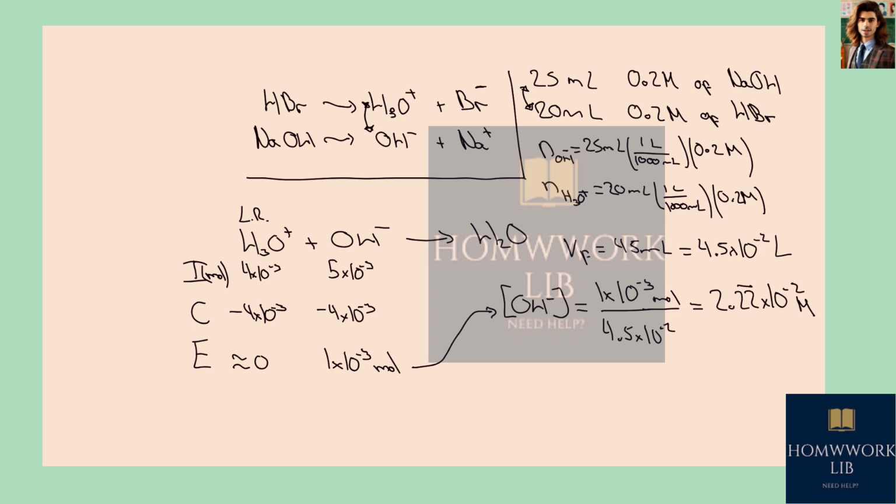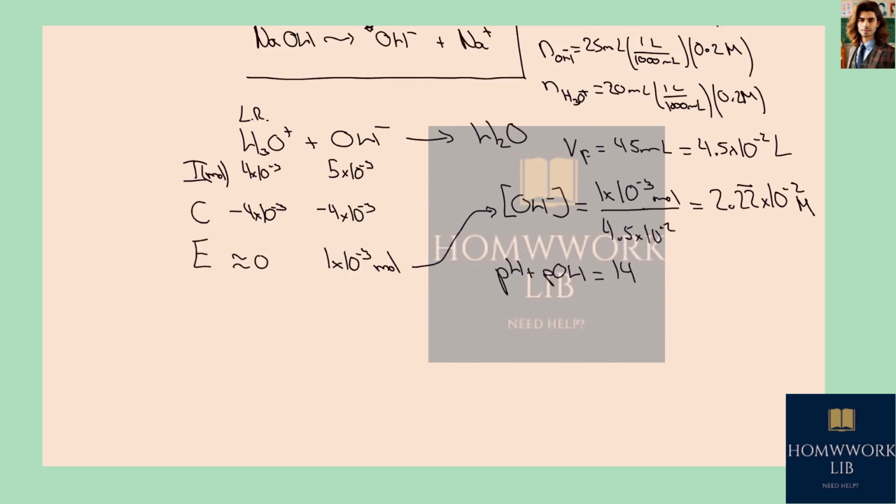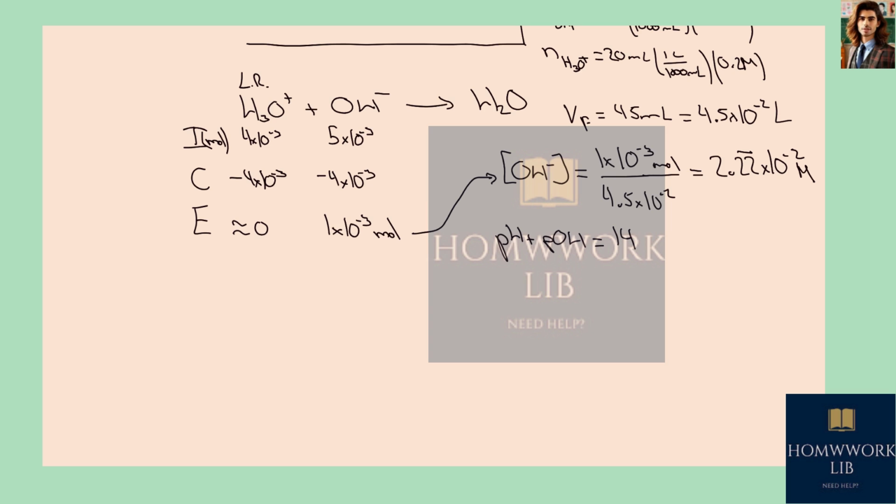Nice. So with the concentration of OH minus, in order to get the concentration of H3O plus, or the pH of our solution, we're going to use the relationship between pH and pOH. That tells us that the sum of them needs to be equal to pKw, which is 14. So the pOH for our solution is minus the logarithm of this concentration of OH minus.